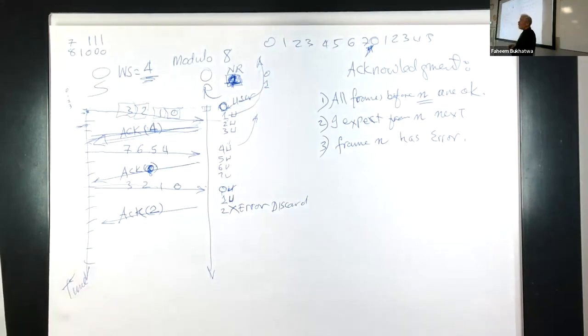And what I want from you is number 2. And maybe this frame has an error. That's why I'm asking you to send it again. So it doesn't disagree with the previous statement, but it's more detailed now at this stage. If you have already received this frame and you're sending me an acknowledgement with the same number, that means there's something wrong with this frame.